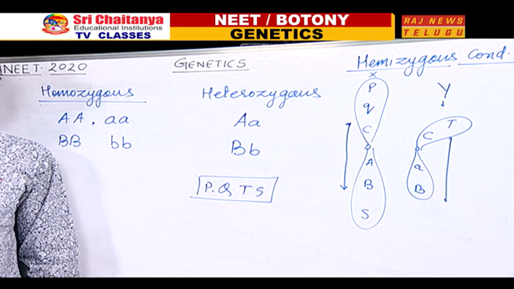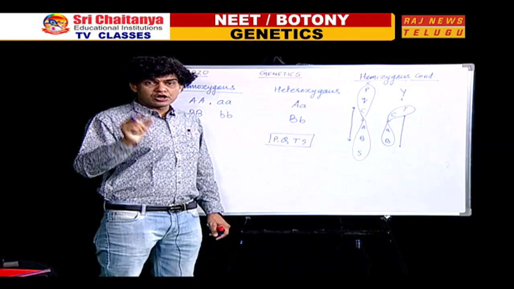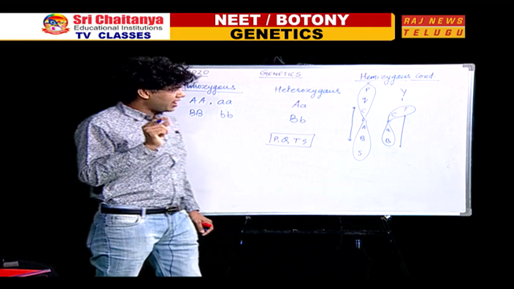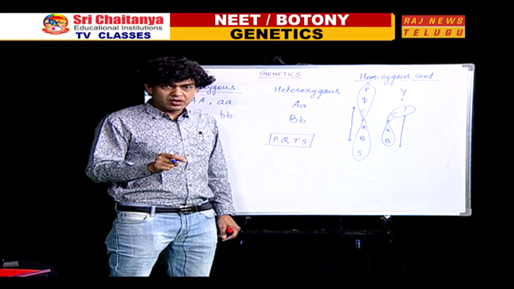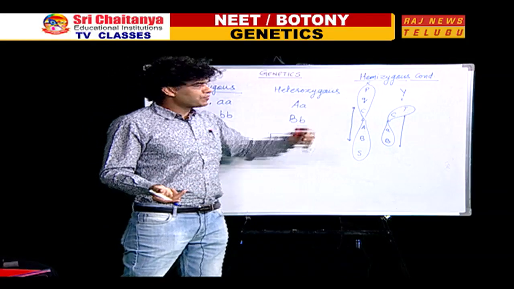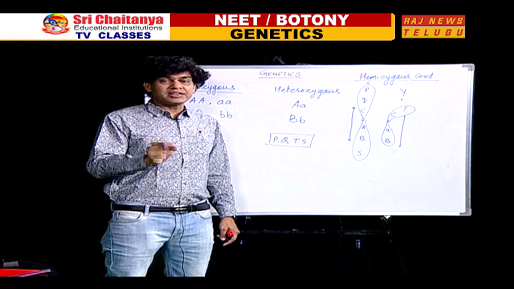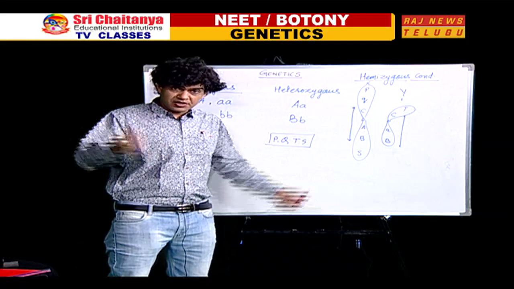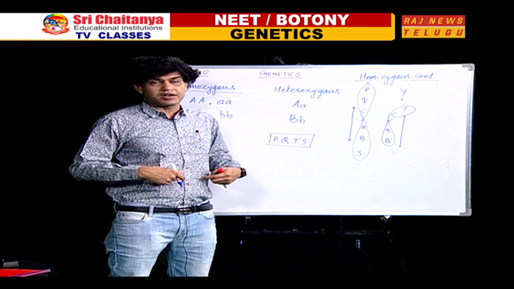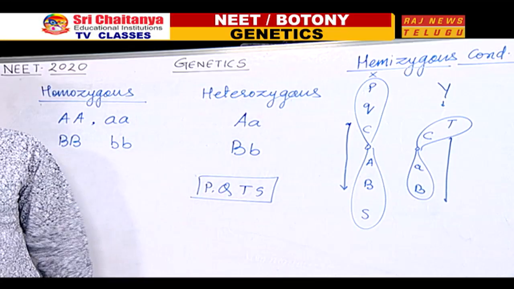So all the genes which are present in the non-homologous region of the X chromosome and Y chromosome are simply examples of the hemizygous condition. I repeat again, whenever any gene is present in a single copy within a diploid cell or diploid organism, that is entitled as the hemizygous condition.